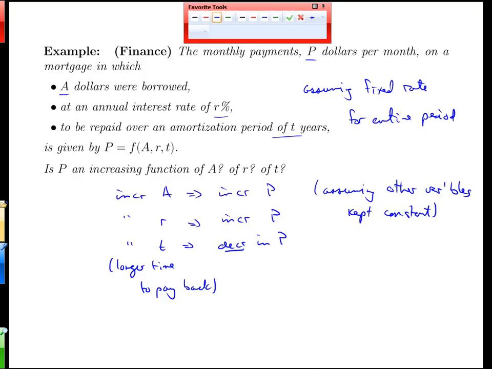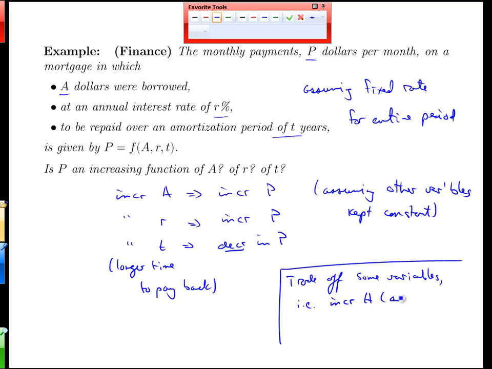Now, what people who are interested in mortgages or car loans or anything else might want to consider is that we can trade off some of these variables. One classic example of this is to increase A, the amount borrowed, and also increase T, the time to repay.